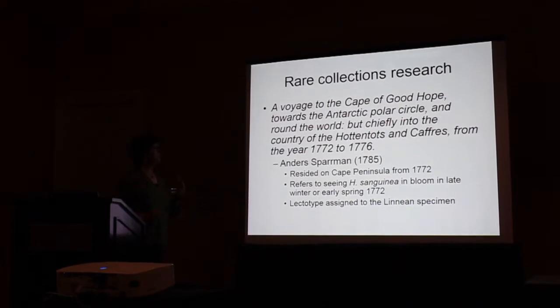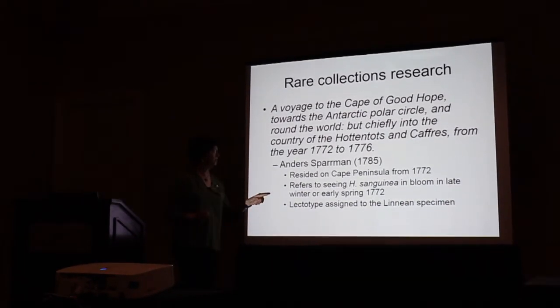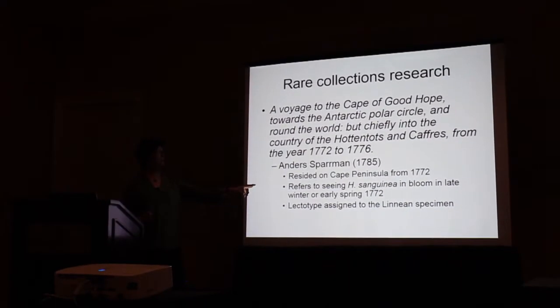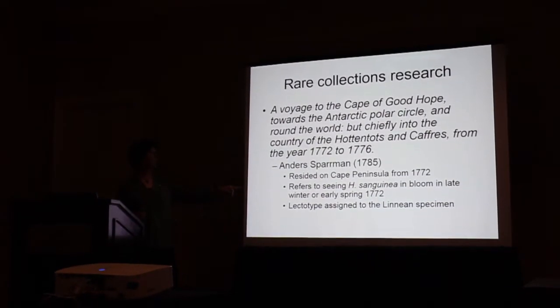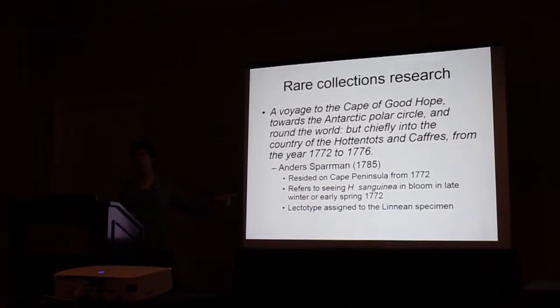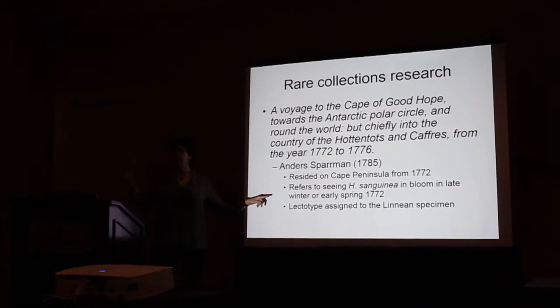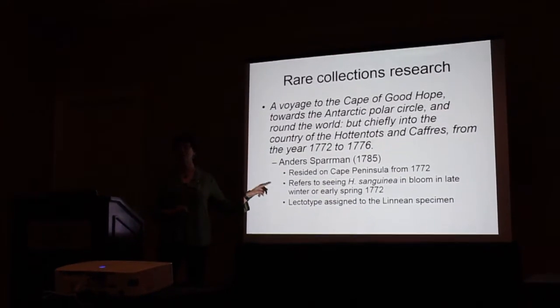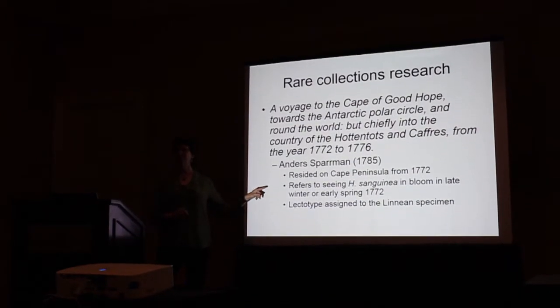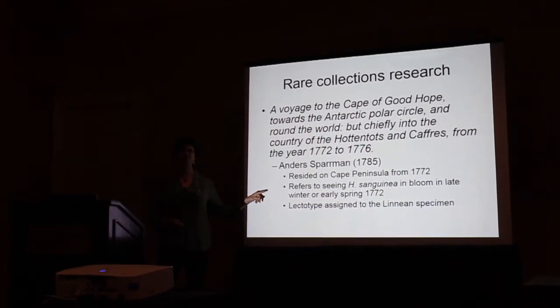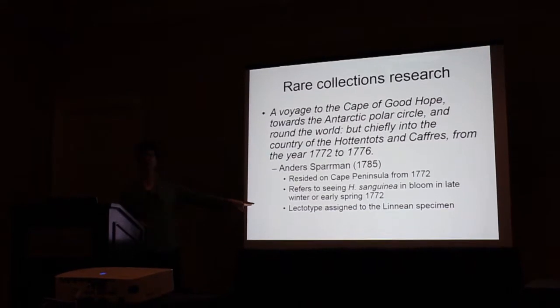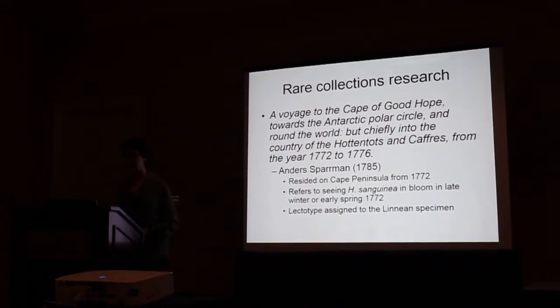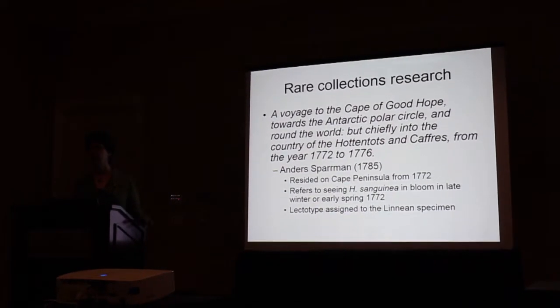So he refers in this book, in fact on page 35, to seeing Hyobanche sanguinea in bloom in late winter or early spring in 1772. Linnaeus released the description of sanguinea in 1771, so the earliest collection of Hyobanche sanguinea had to be 1772. And so I actually took this information and assigned a lectotype to that Linnaean specimen.